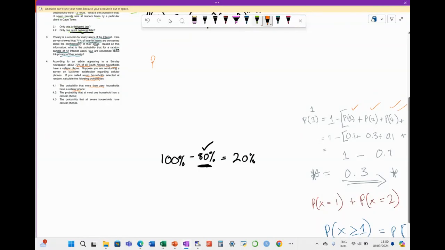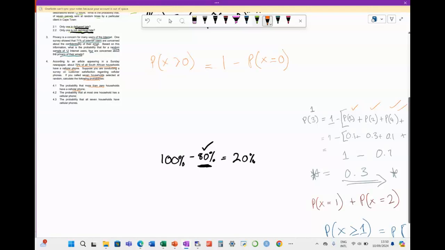So we can say the probability that X is, sorry, not equals to, is greater than 0, which is equal to 1 minus the probability of X being equal to 0.